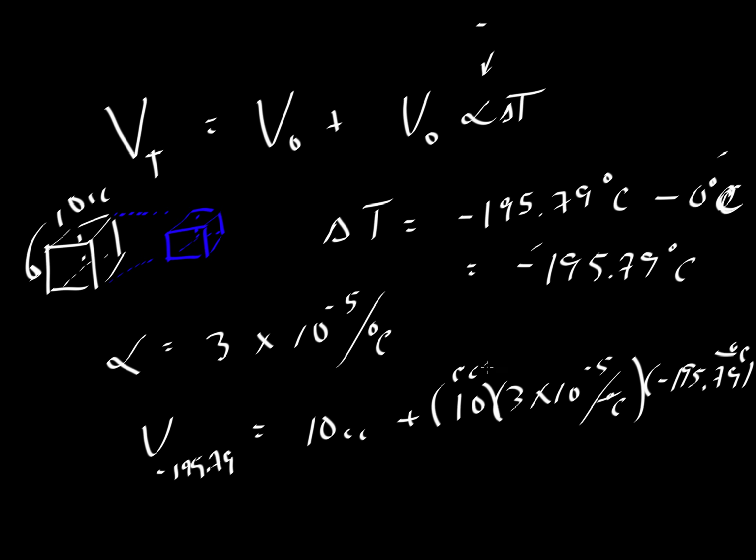We'll just be left with the cc as the unit, and this will come out to 9.941. So we'll take this initial value here, and because we have this negative sign, overall that correction is going to be negative by just a little bit less than 1/10 of a cc.